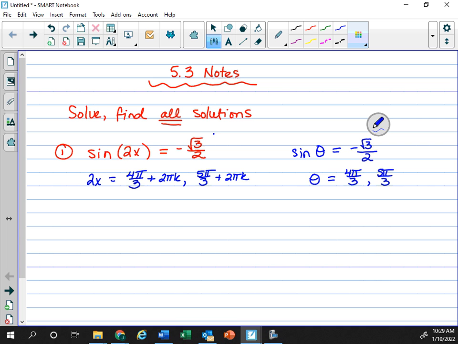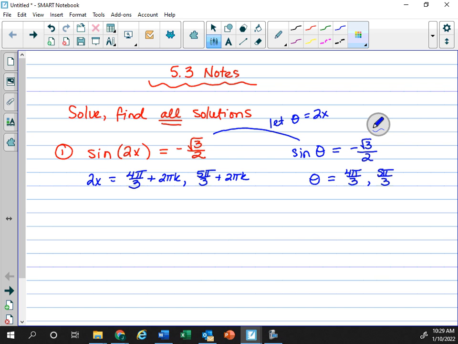So what we did from the red problem over here, we went ahead and we let theta equal 2x. Are you guys okay? Like, that's the substitution we started with. That's why I'm now saying 2x equals these things, theta equals. Okay, the plus 2 pi k, that's the weird part here. The direction said find all solutions.